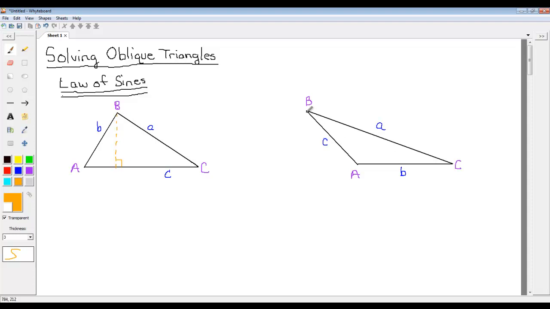Now if you try to do that on this triangle, what you end up having to do is make a little extension here. We're going to label that perpendicular h, because that is the height of each of the triangles. And the point that's made right here, we're going to call D.